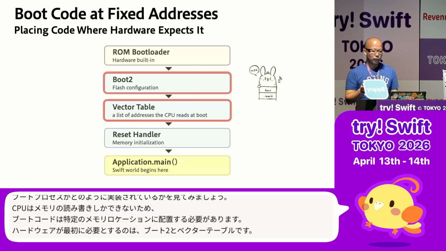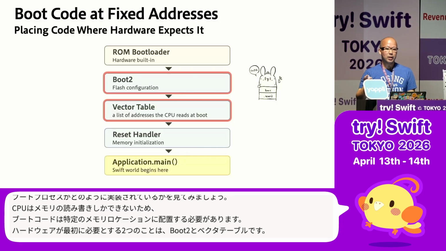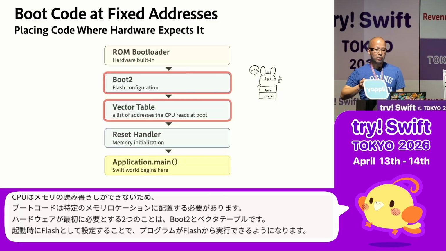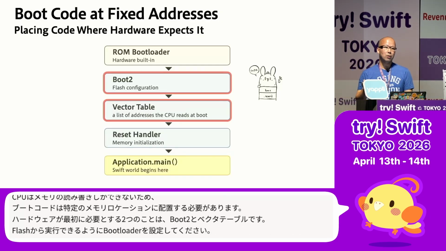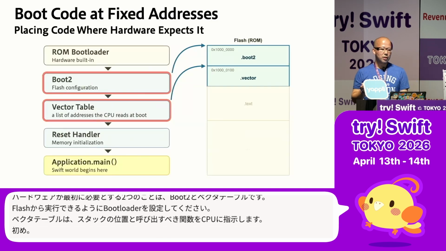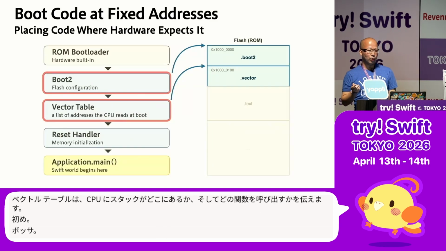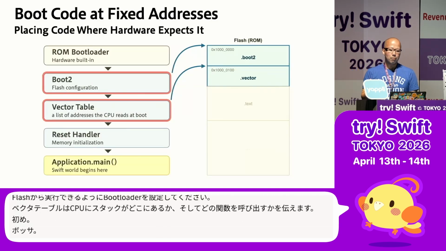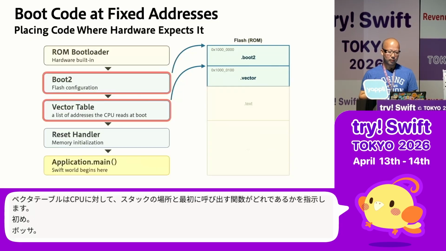Boot2 configures flash so your program can run from it. The vector table tells the CPU where the stack is and which function to call first. Both are called directly by the hardware, so they must be placed at fixed memory addresses.